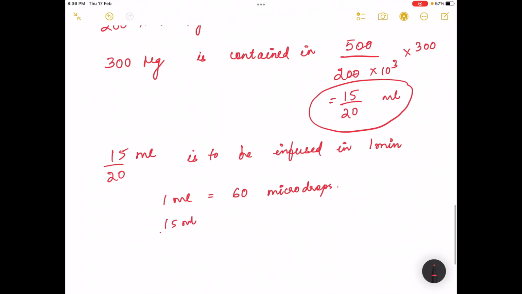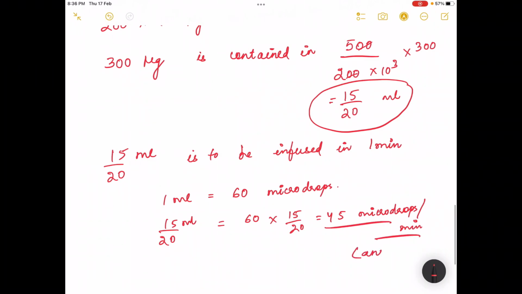So 15 by 20 ml will be equal to 60 into 15 by 20, that is equal to 45 microdrops per minute has to be infused. So this is the answer.